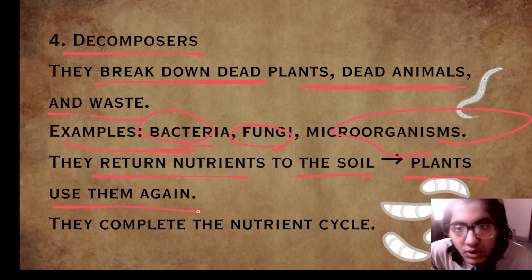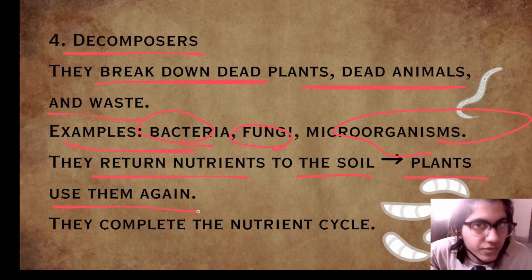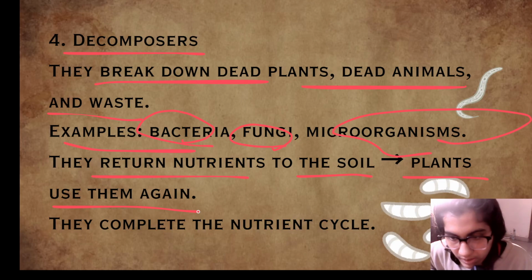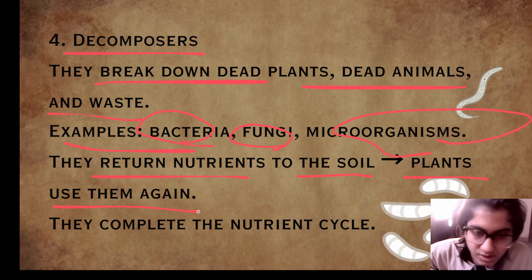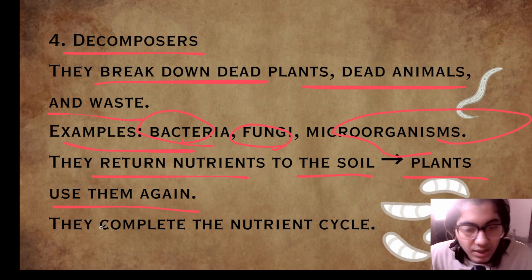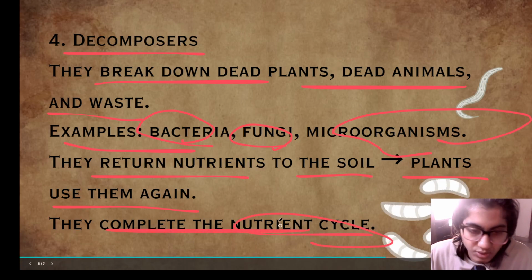So they break down dead plants and dead animals and waste present in the soil, and then they return the nutrients. The nutrients from them go to the soil, and then plants use them again through the soil. So they complete the nutrient cycle. So this is called the nutrient cycle.